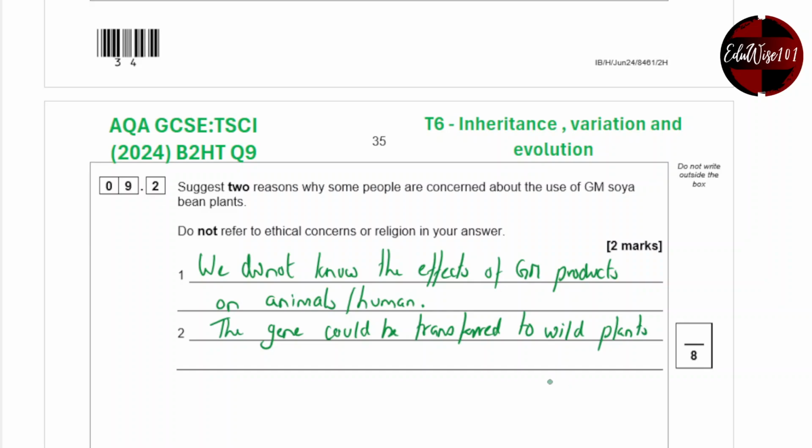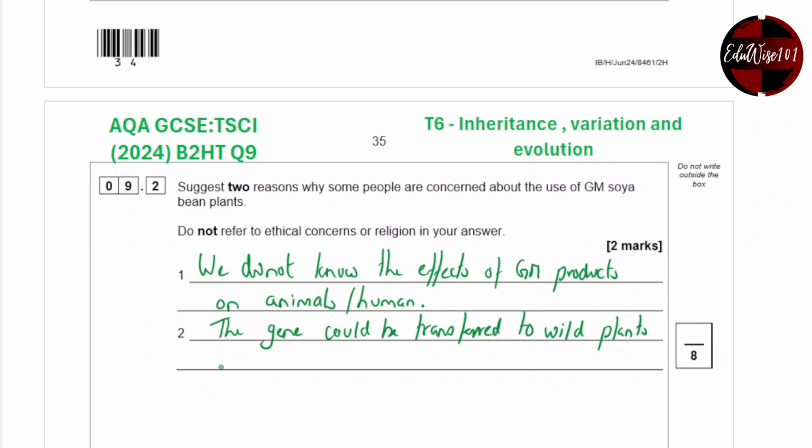What if after using it for a few years that this gene for glyphosate resistance is actually transferred to the weeds? That means the weeds will not die in the future, which means there's no point in using glyphosate. Right?